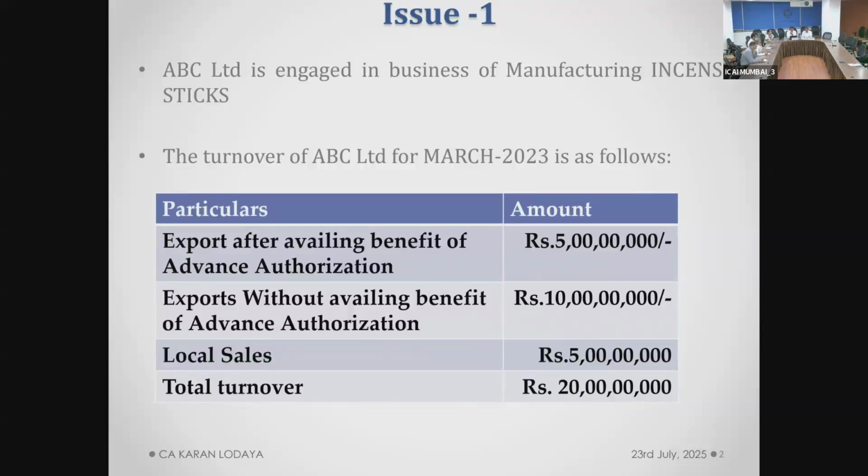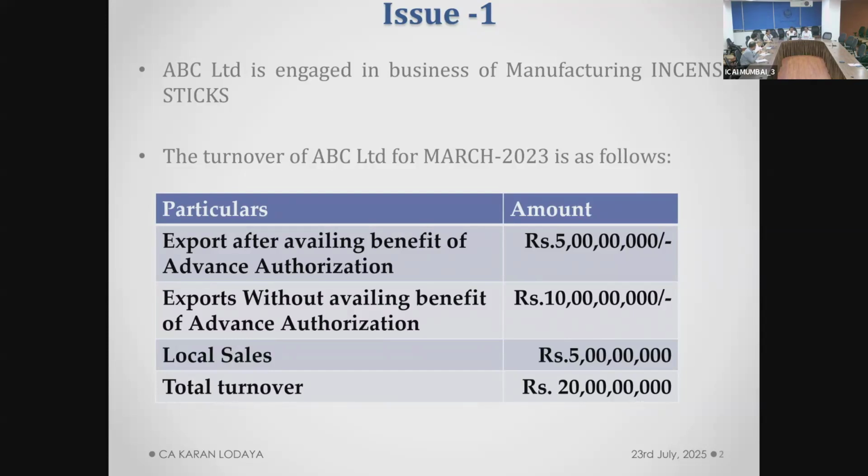Everyone knows what is advance authorization, or do I need to explain that? What is advance authorization? Suppose I am manufacturing product A. For that product A, I need 2 raw materials. Suppose one raw material is X and another is Y. I have to import that X from outside India, and this product A I am exporting out of India.